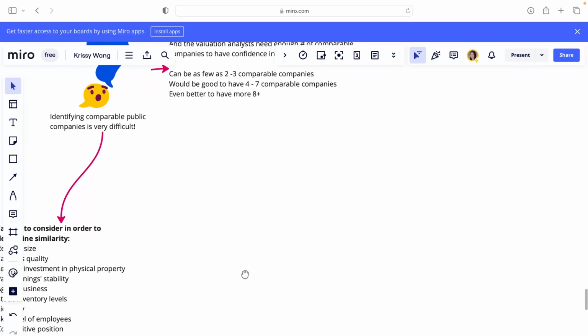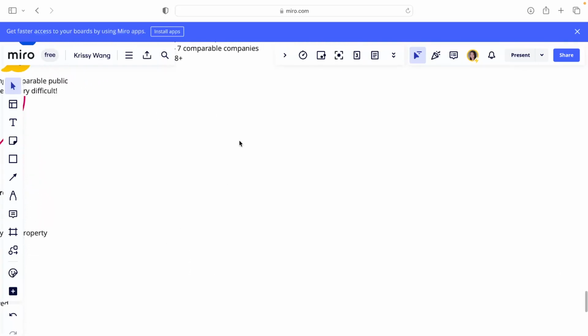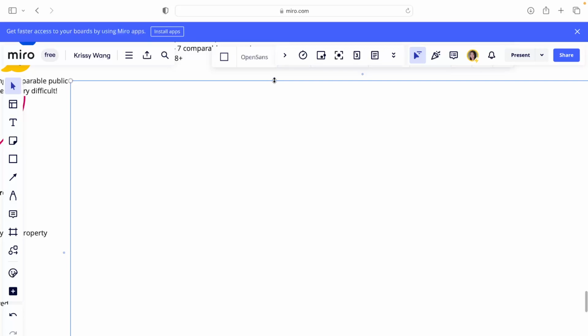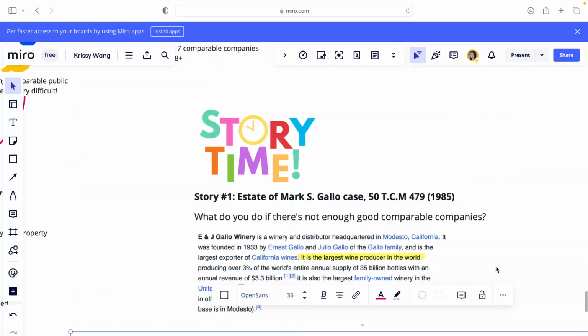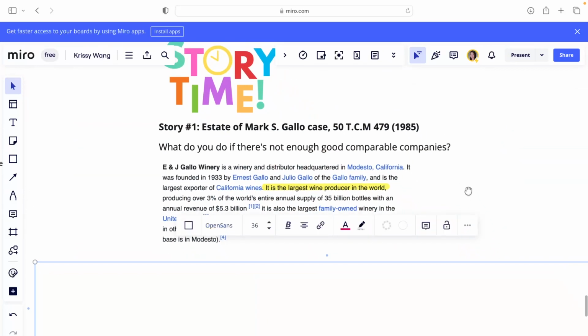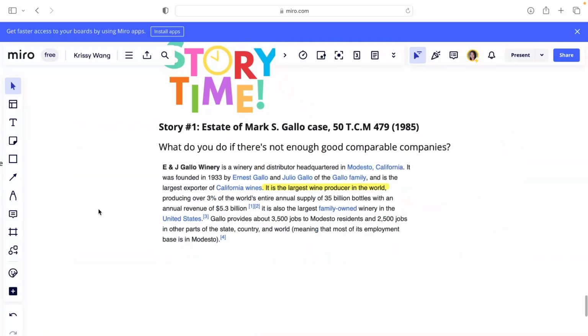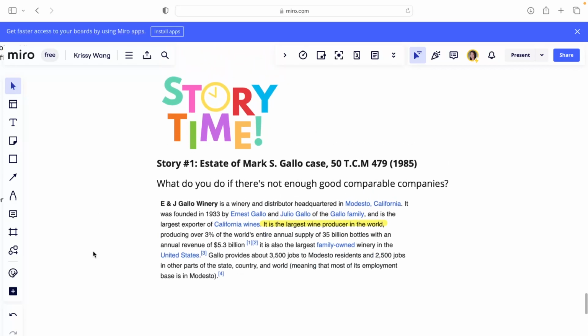There's a lot of stories, aka drama, in this world of private equity allocation. And I'm going to share 2 stories that I think are really interesting and give you a little insight into how difficult and subjective business valuation is, and why it is really important to have good valuation analysts to do this job.